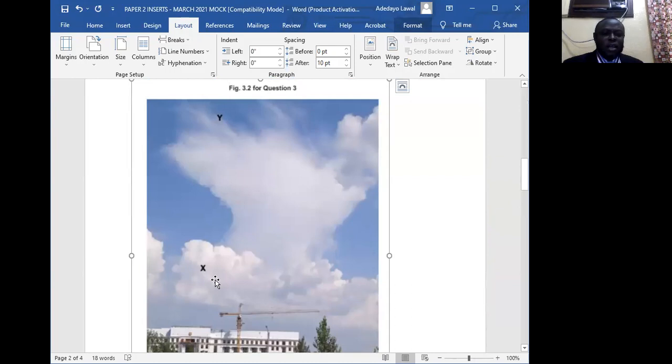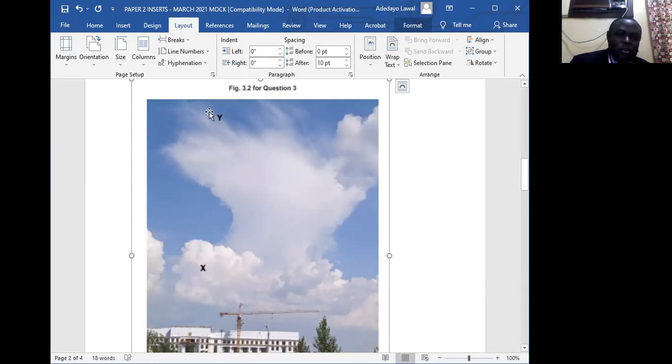As you can see, X is a cumulus cloud, C-U-M-U-L-U-S, while Y is a cirrus, C-I-R-R-U-S. So a cumulus cloud is a cloud that is thick. Cumulus from the word cumulate. So it's kind of thick, the cloud gathers, forms a heap, and it piles up, it's fluffy, thick, fluffy.